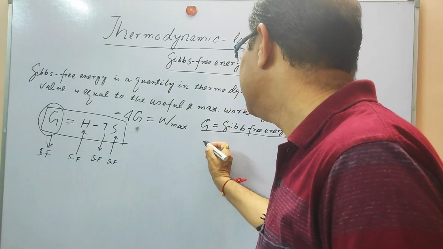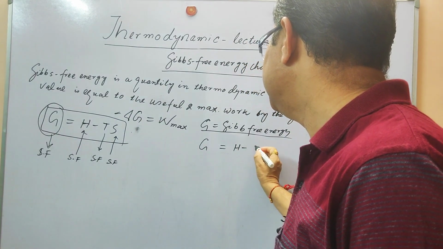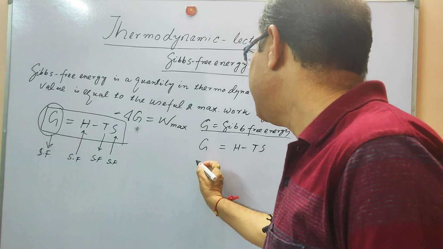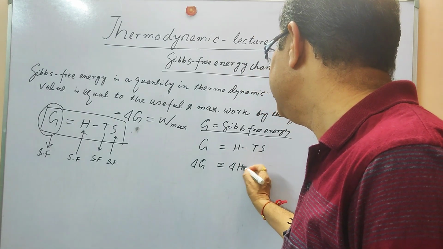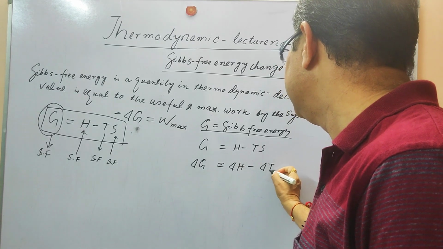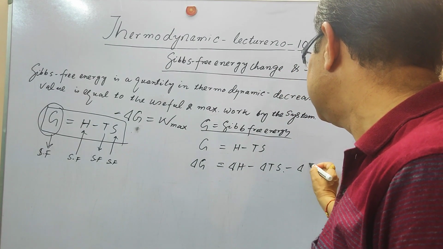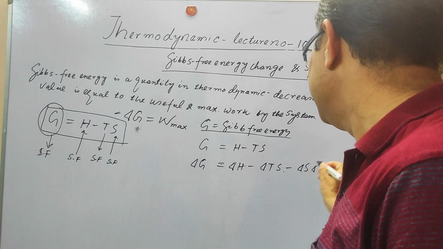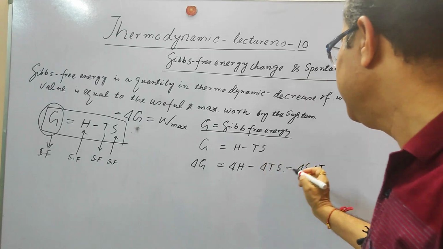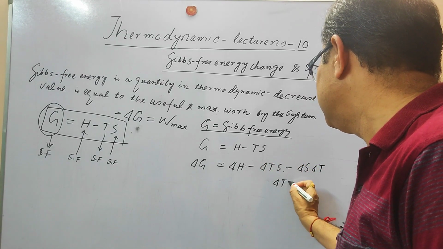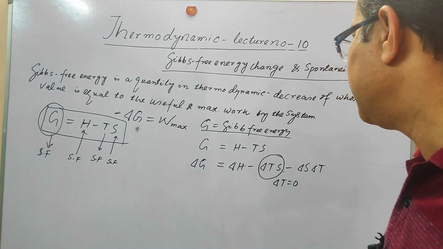From the basic Gibbs function, you can write delta G equals delta H minus T delta S minus S delta T. In an isothermal process, delta T is equal to 0, so we can cancel this term.